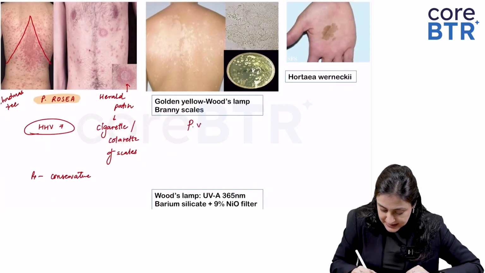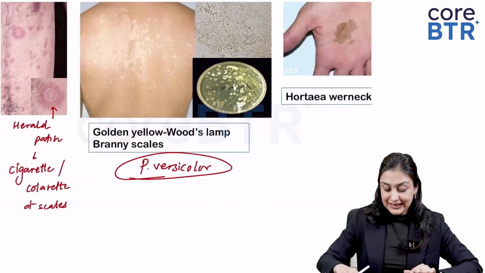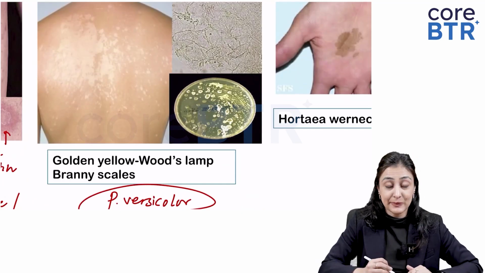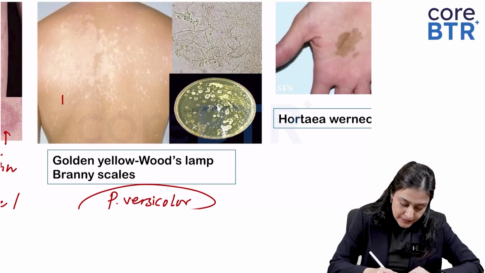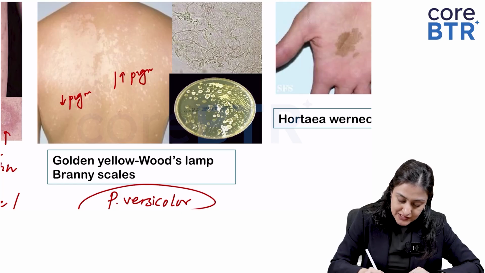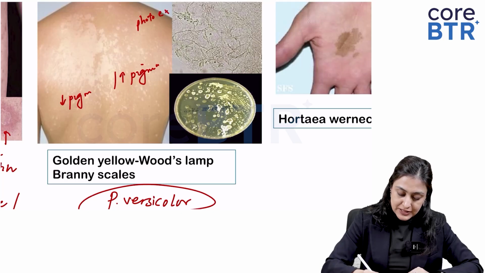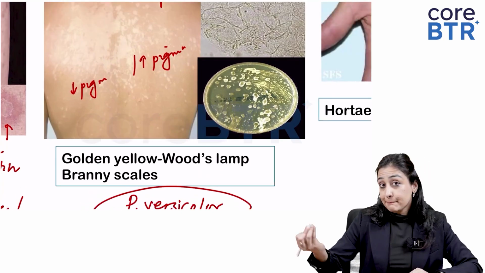This is pityriasis versicolor. Now this is actually a fungal infection. Can you see trunk or back of a patient showing hypo and hyperpigmented areas? So first of all, you see hypopigmentation as well, hyperpigmentation as well, usually in the photo exposed area, meaning sun exposed areas, right?